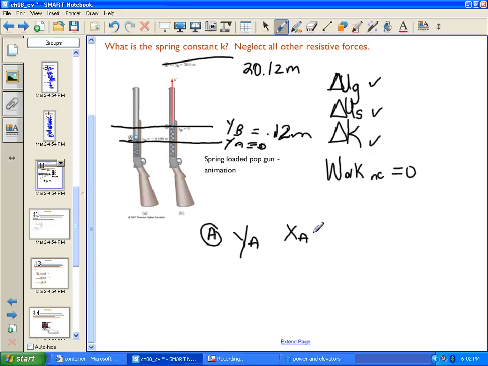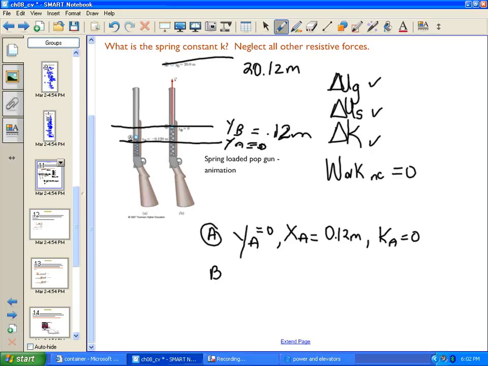X sub A is 0.12 because the spring is compressed from its relaxed position, which is X sub B at the point B. And the little projectile starts from rest, so K sub A is equal to 0. After all, it's pushed up against the spring.